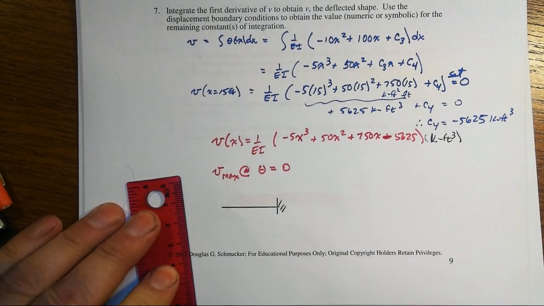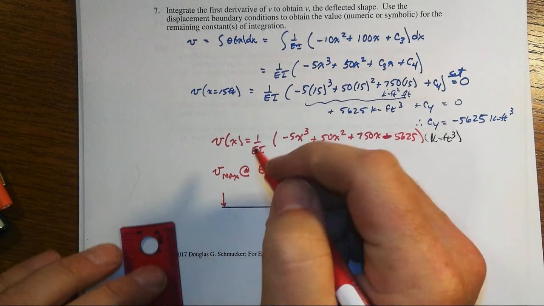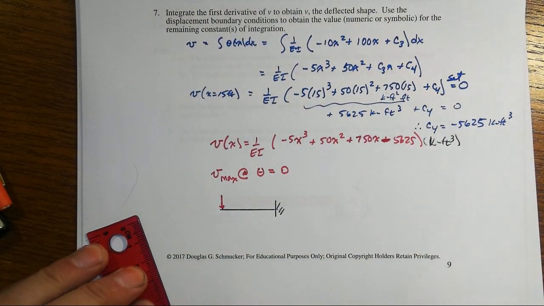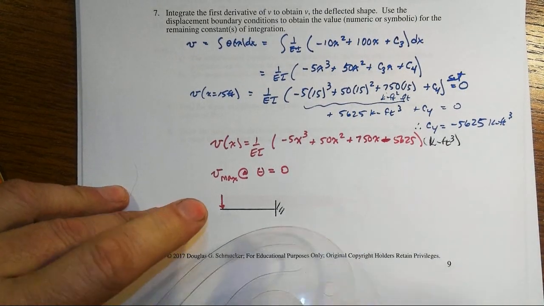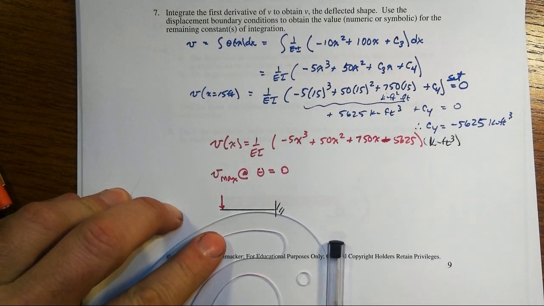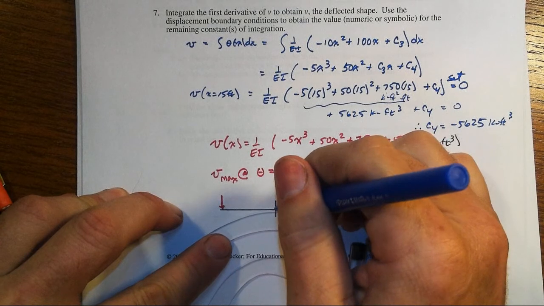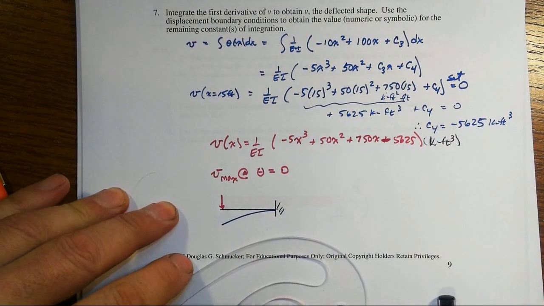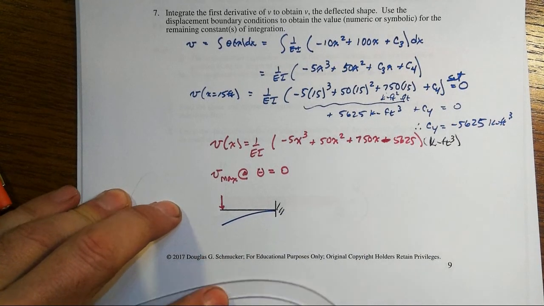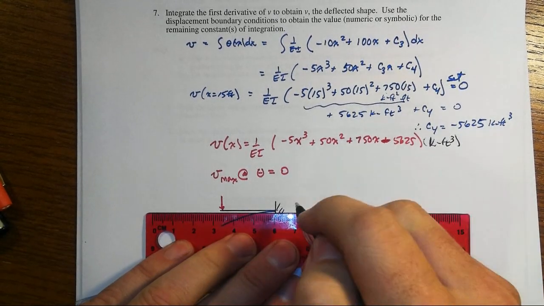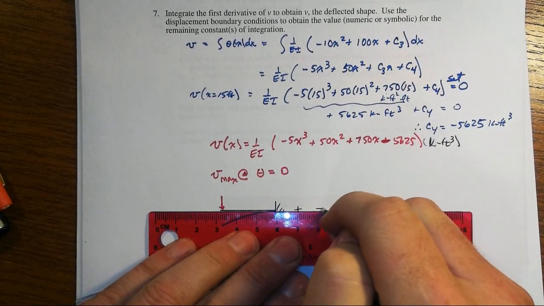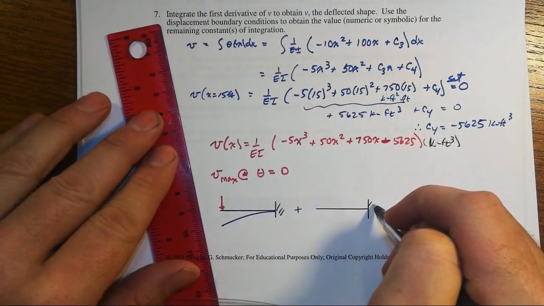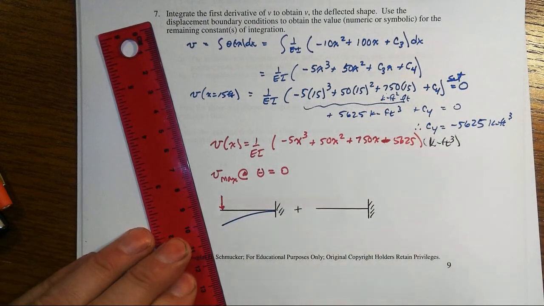The deflection that happens due to just the point load out at the end should be reasonably predictable, that it would look something like so, curving down, like that. Right? Well, we're going to add to this the deflections that happen from the end moment.